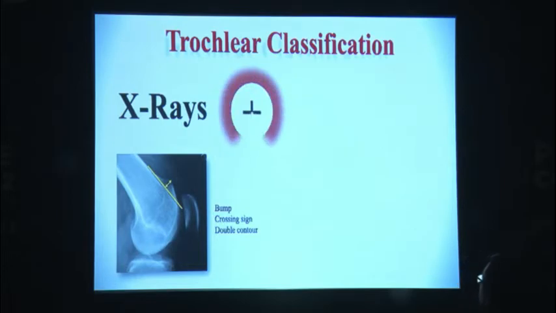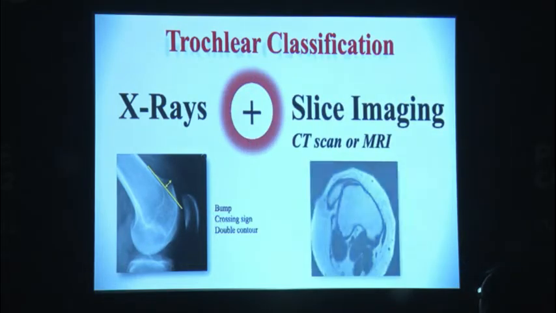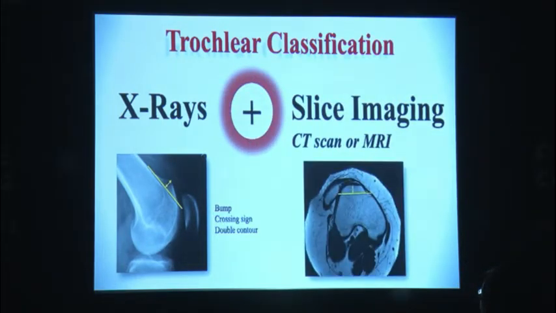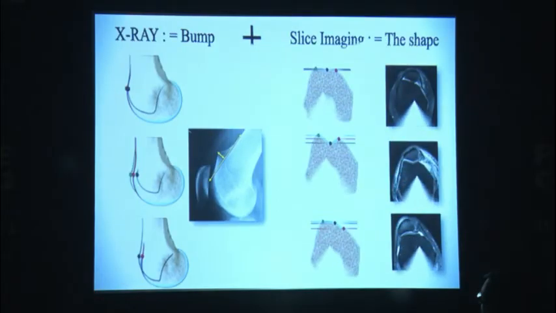If you have the X-rays, of course, you need to add slice imaging, because slice imaging will allow you to classify the trochlea. So you will see the shape of your trochlea, you will see the shape of the patella. And so this is the combination between X-rays and slice imaging. Very important. What do you look at?